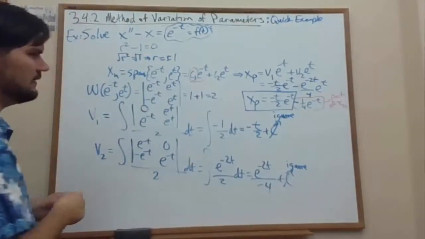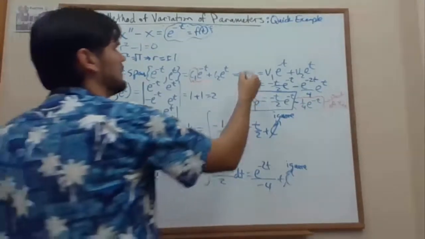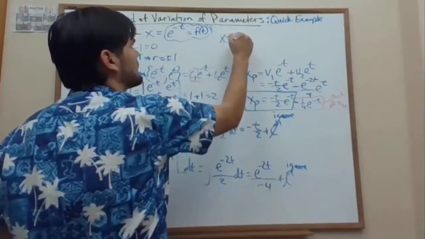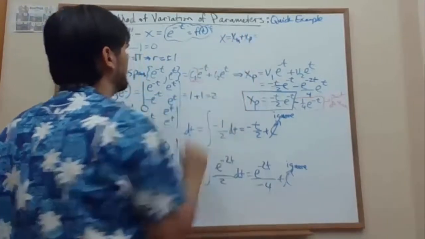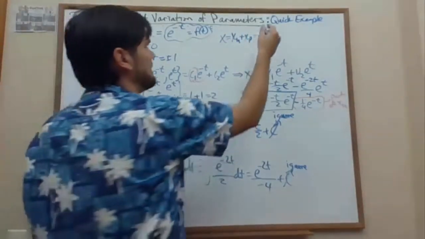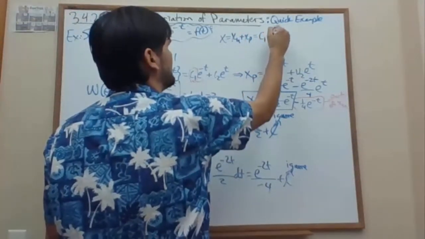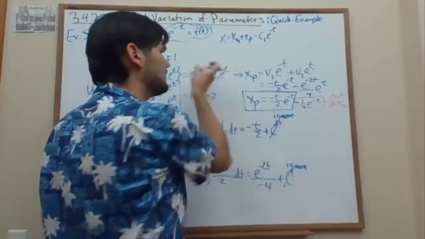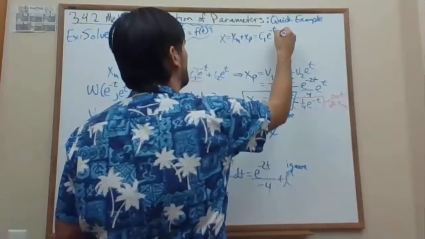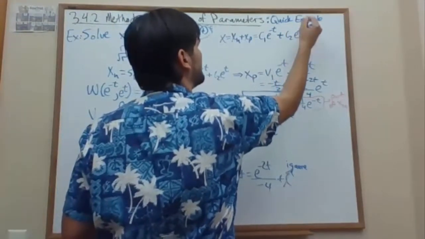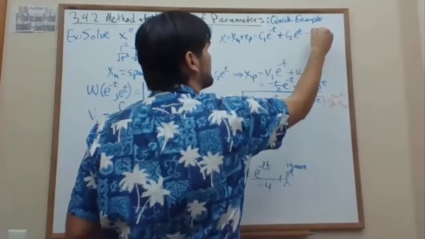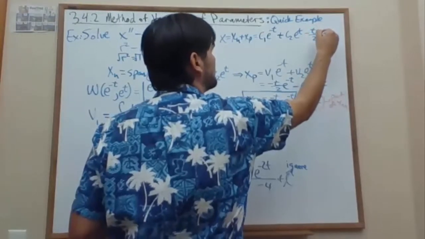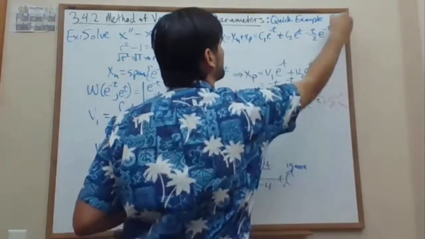And I can write that all together. So x equals xh plus xp. C1 e to the negative t, which again pulls in this extra minus 1/4 into that constant, plus C2 e to the t minus t over 2 e to the negative t.